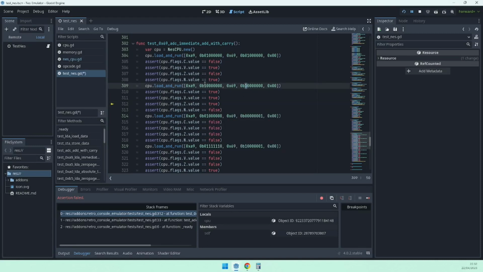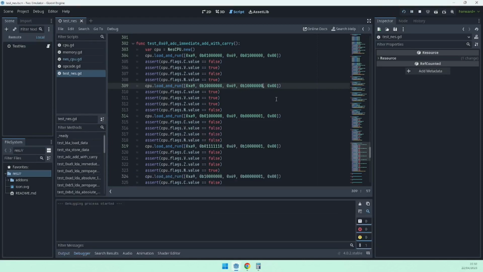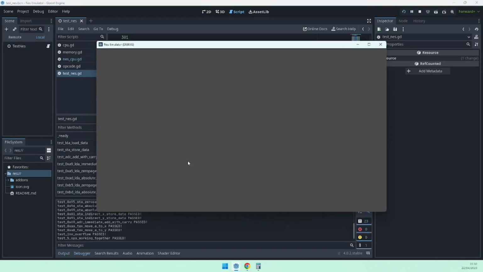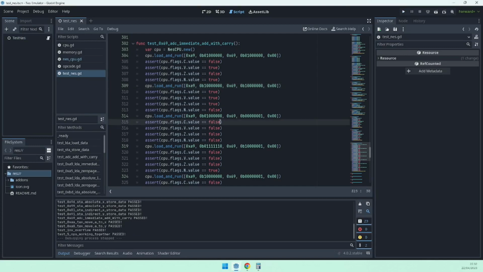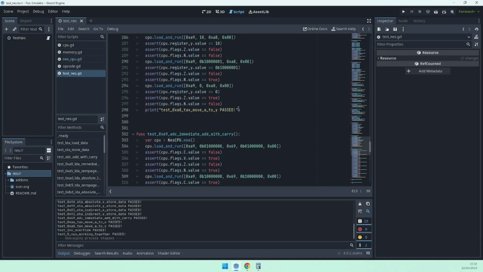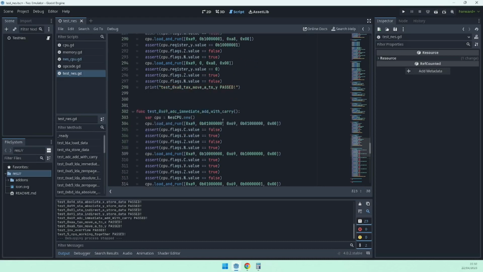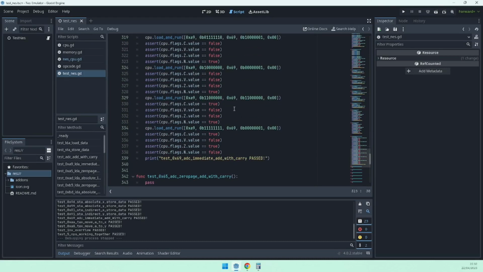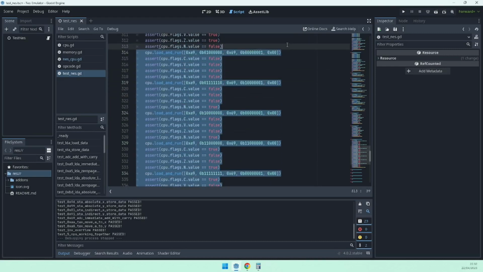I am adding a 1 and a 1, and this overflows. And now it passes. Oh! Okay, so now I have to repeat this for all the other functions. Oh dear.